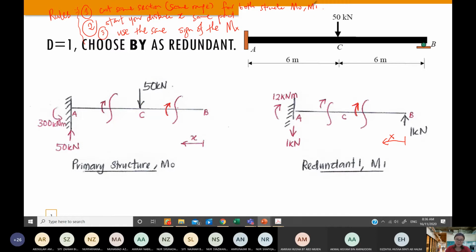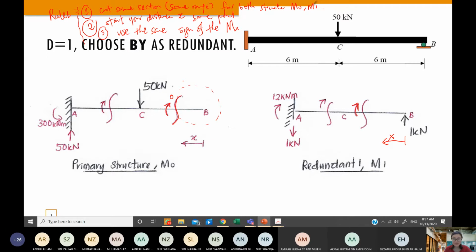Now at this CB, I'm looking at this section, the right section. The left section is not under my consideration. I don't have any loads here, so therefore my moment is 0.